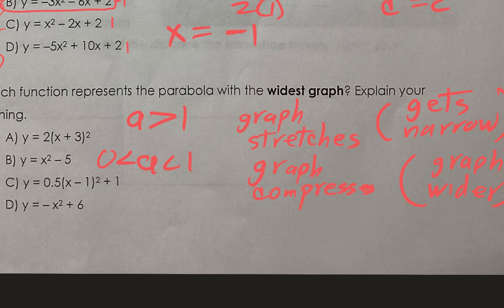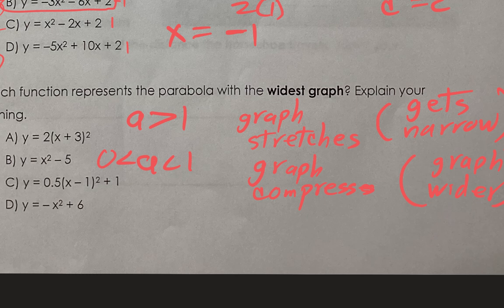So I'm looking to see where my a value is between 0 and 1. The closer we are to 1, the wider our graph is. The further we are away from 1, the less wide it is. So let's look at our answers.